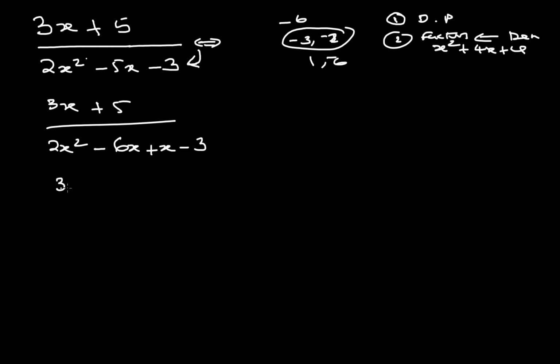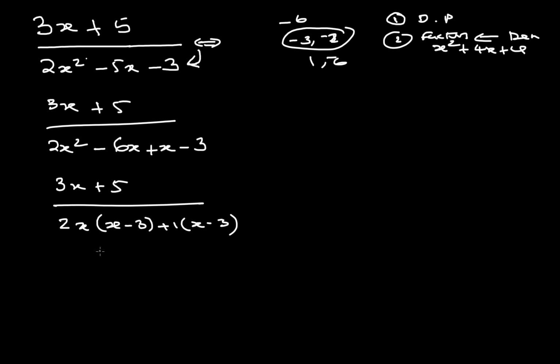So if I simplify this further, I'll have something like this. Then this will become 2x, then this will become x minus 3, then plus 1, x minus 3, like that.